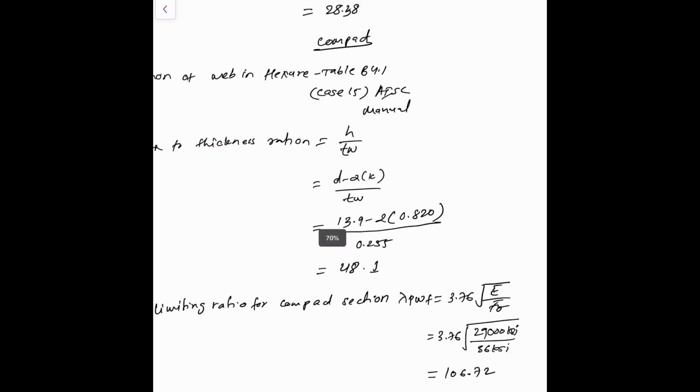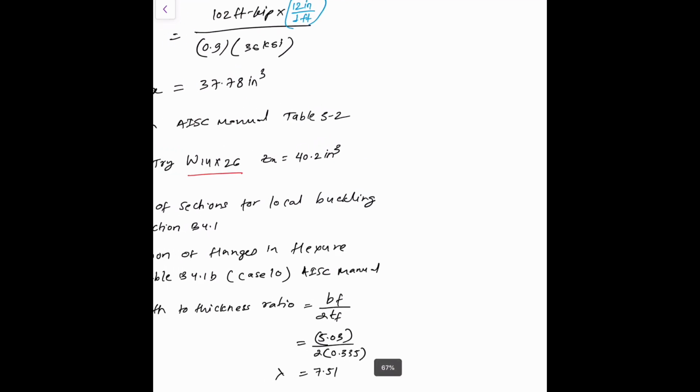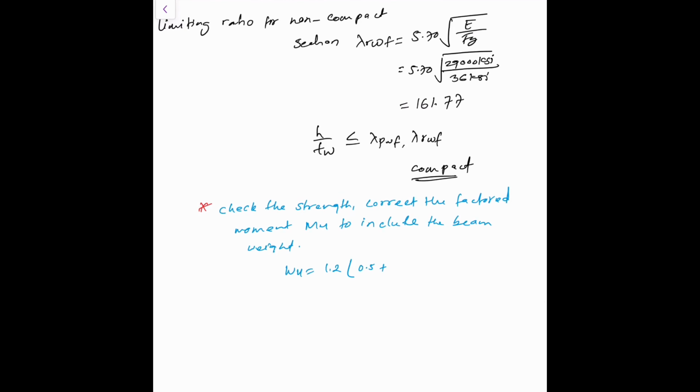So our 0.5 plus the beam weight, 14 by 26, so 26 divided by 1000, which gives us the value 0.026 kip per feet, plus 1.6 times the live load.